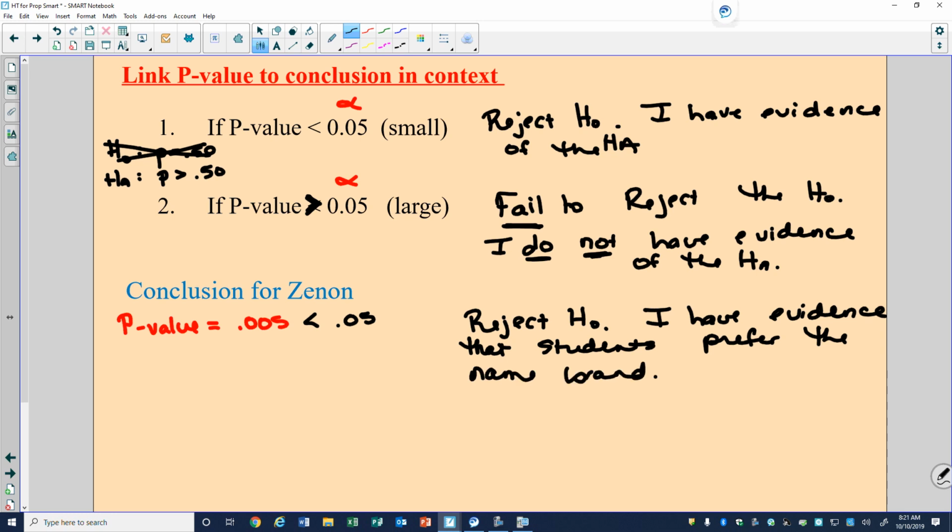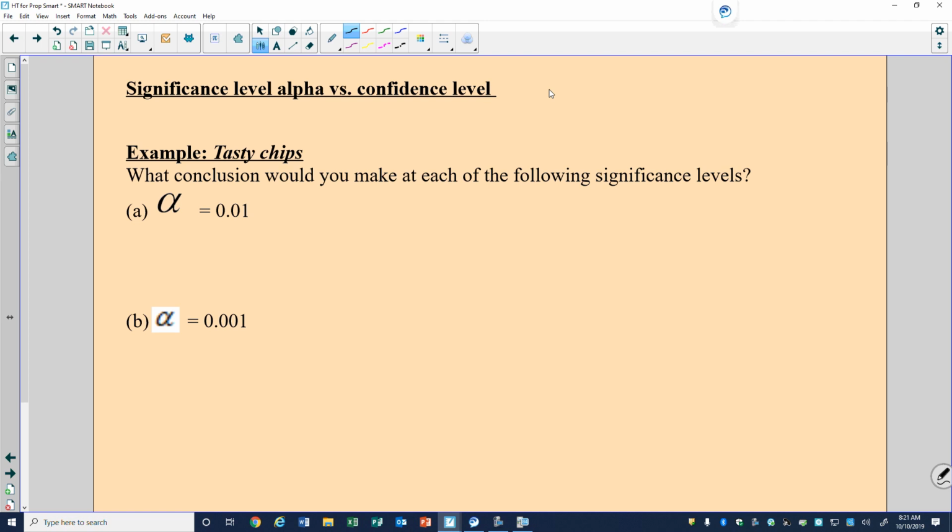Okay. Now, back to that alpha level, and that's pretty much all there is to a test. However, that significance level can change. So on this one, my confidence, or my alpha level, was 0.05. If alpha level is 0.05, the confidence level is the complement to that as far as your 100%. So your confidence level here would have been 95% or 0.95.